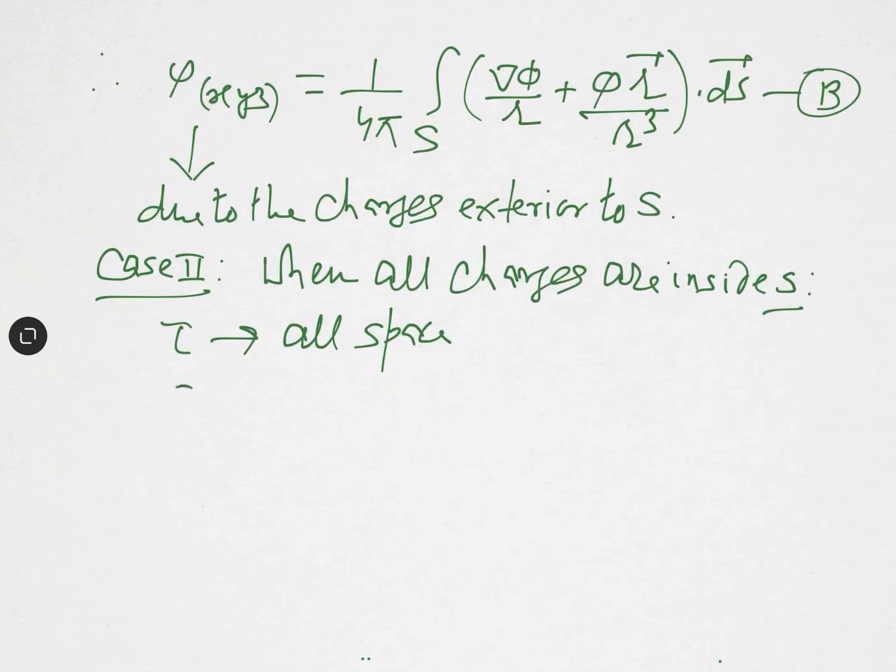the potential phi is actually proportional to 1 over r, and del phi is of the order of 1 over r square.